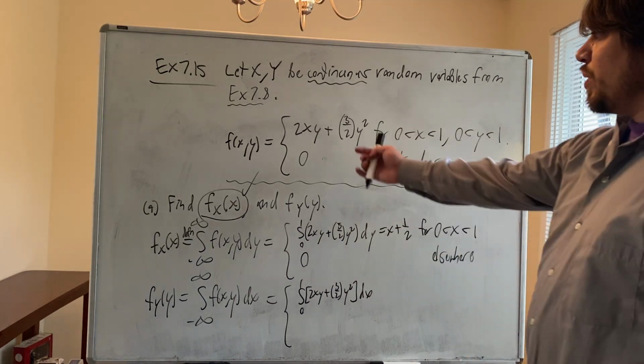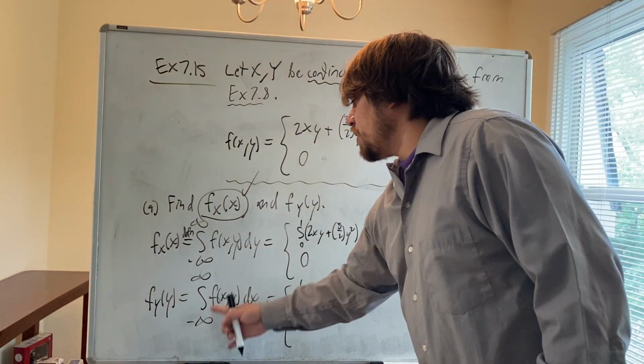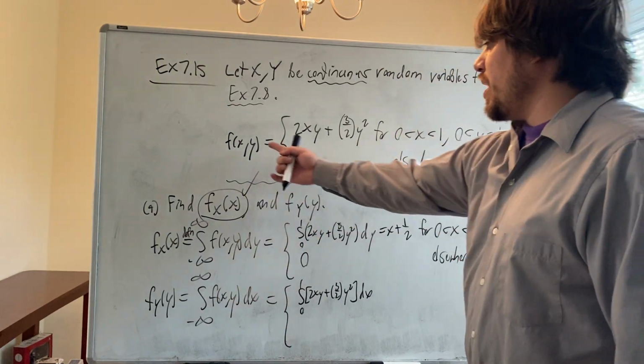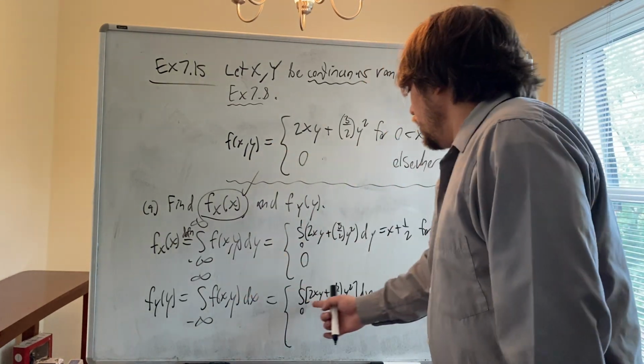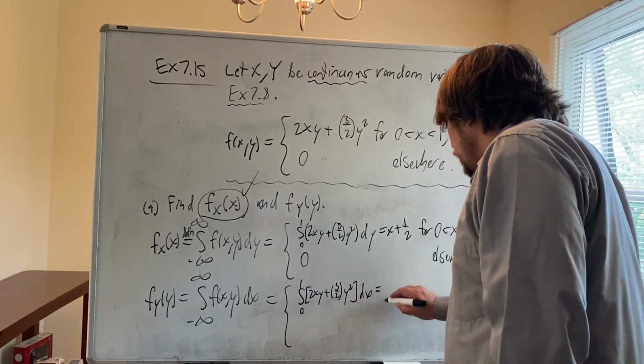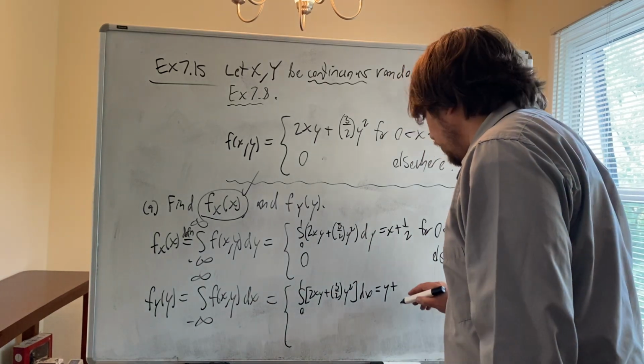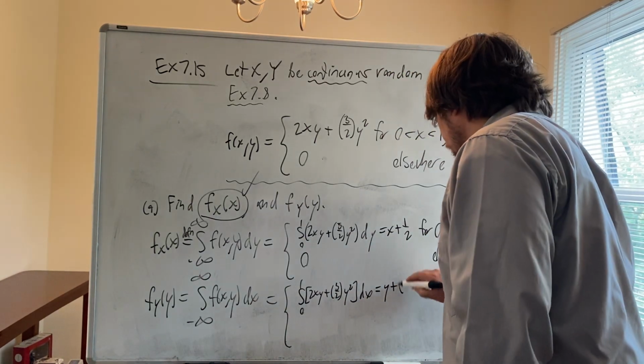Okay, so now we're integrating from 0 to 1 with respect to x, because that's the only x values where f is non-zero. And then you integrate that, and you get that's equal to y plus, remember now it's with respect to x, so we're going to get a different value here.